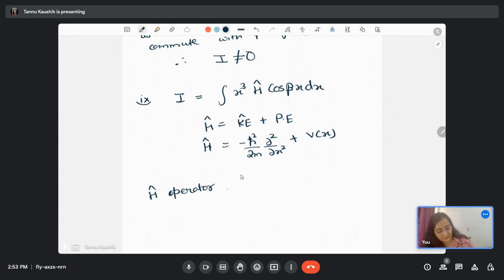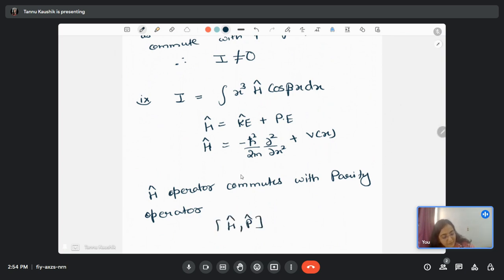So this Hamiltonian operator always commutes with the parity operator. You can find this out by applying this operator and exchanging the positions with the parity operator.